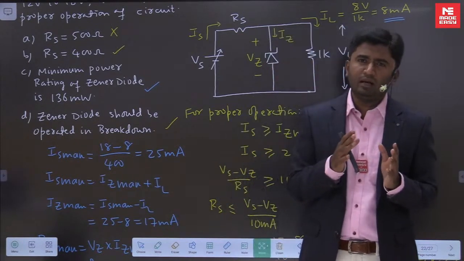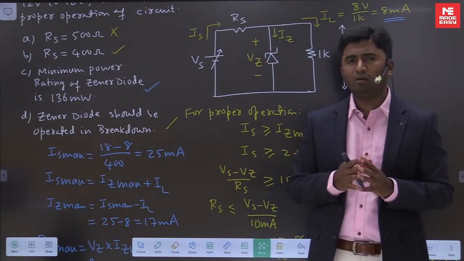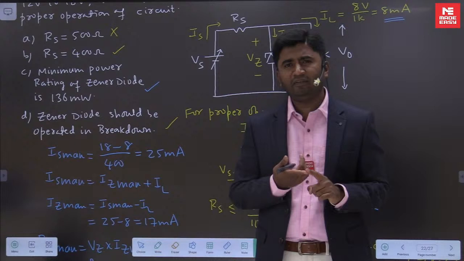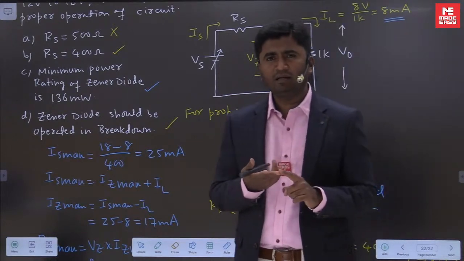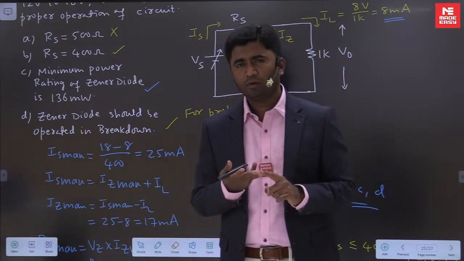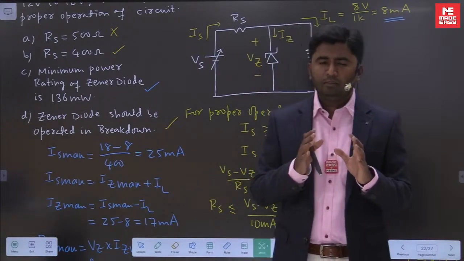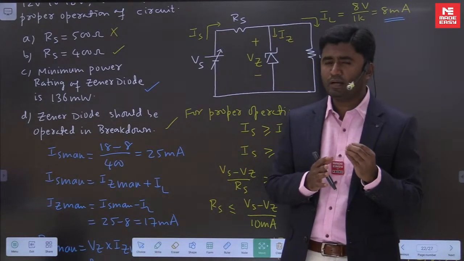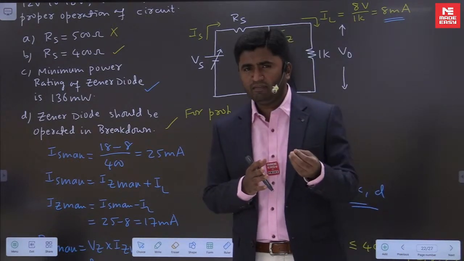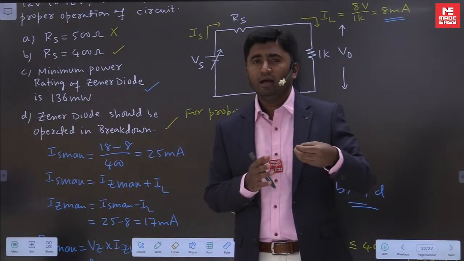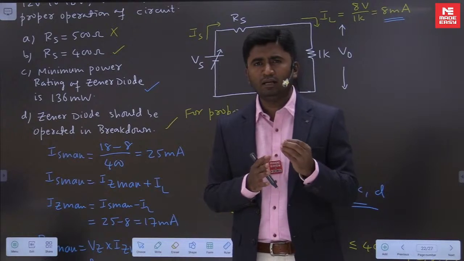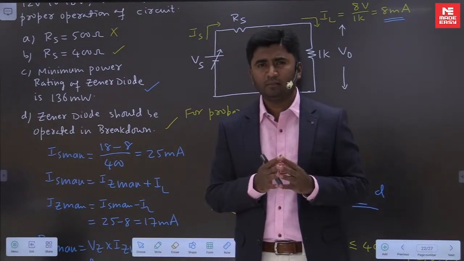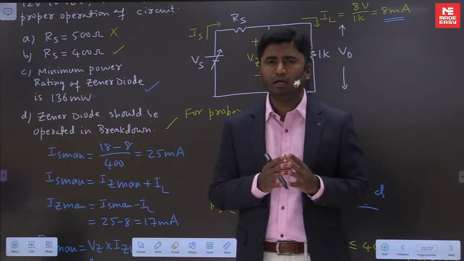Apart from this, there are other small topics in analog circuits like multi-stage amplifiers, feedback amplifiers, oscillators. Okay, from these topics prepare a summary and revise that summary. They can ask you questions based on multi-stage amplifier, feedback amplifier and oscillator also. In oscillator, especially Wien bridge oscillator, that is also an important circuit.